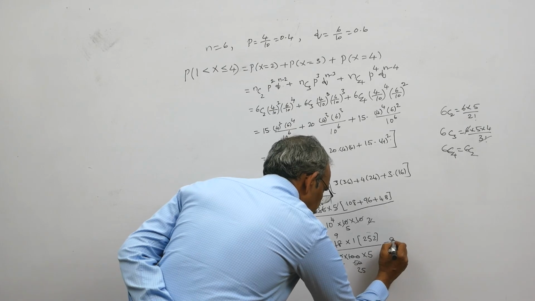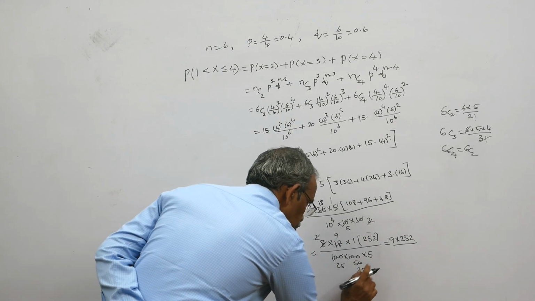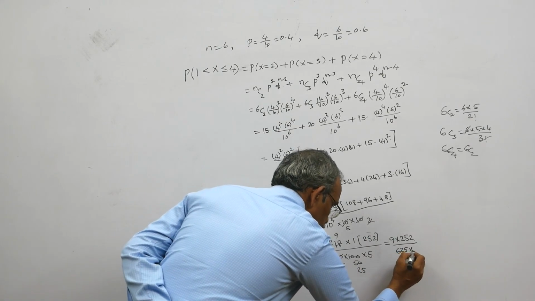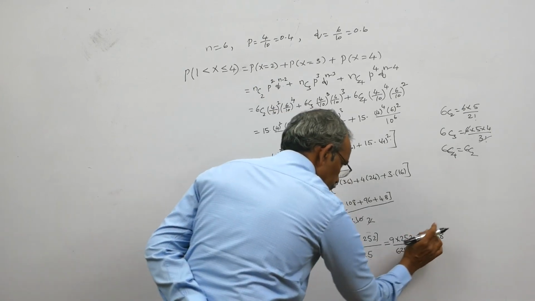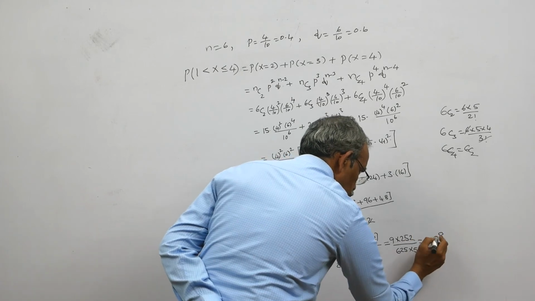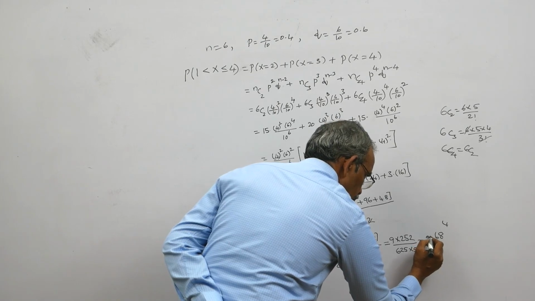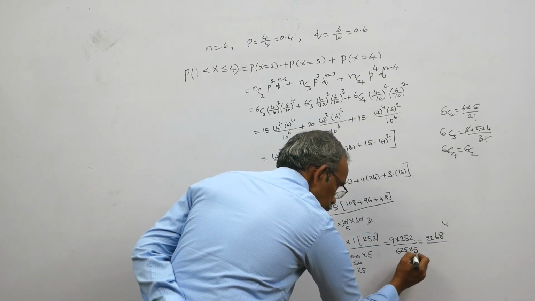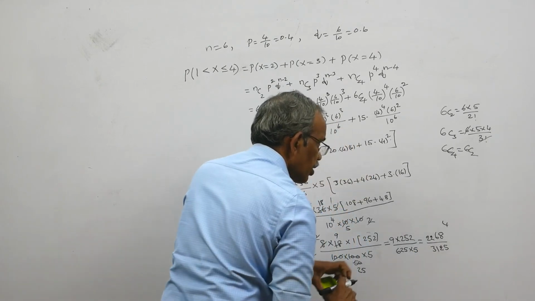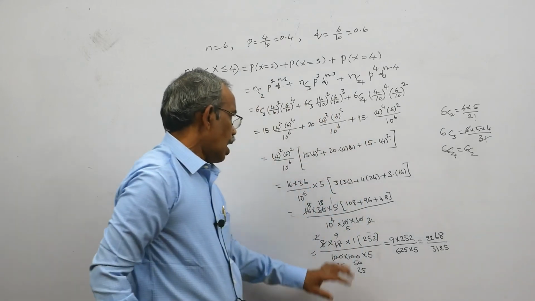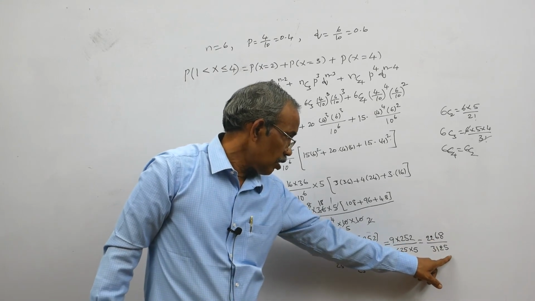Then we get 9 into 252 by 25 into 25, which is 625 into 5. That is equal to 9 2s are 18, 9 5s are 45 plus 1 is 46, 9 2s are 18 plus 4 is 22, by 625 into 5, that is 3125. After simplifying this value, we get 2268 by 3125.